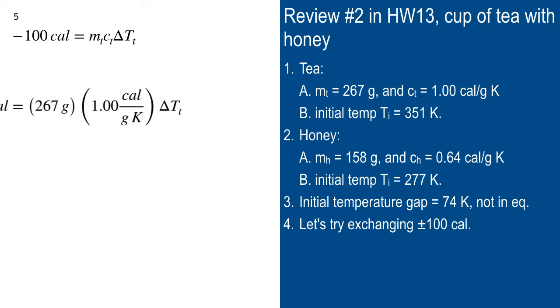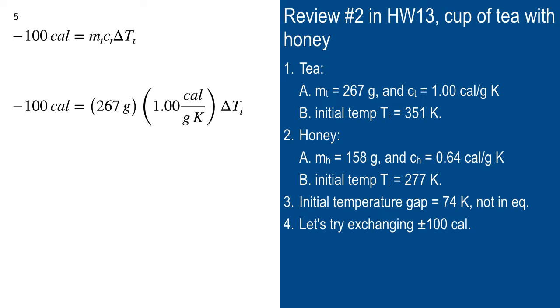So here's the plug-in step. 267 grams for the mass and 1.00 calories per gram Kelvin for the specific heat. And then the unknown, delta T, is still a symbol. If you look at that second equation, you've got everything you need except for delta T. So you can solve for delta T, get it by itself, do a little bit of algebra and multiplication, and you're golden.